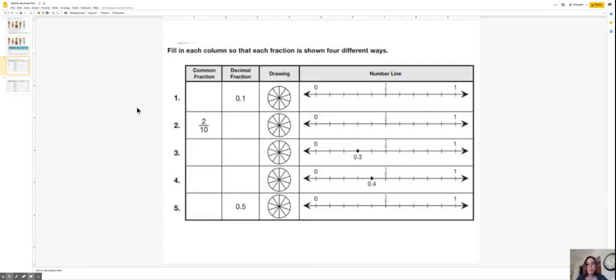Then on the next page, we're going to look at a common fraction, a decimal fraction, a drawing, and then a number line. We're actually going to skip the drawing because on this, it would be a little bit too difficult to color it in. But thinking again, there is something that we could do.